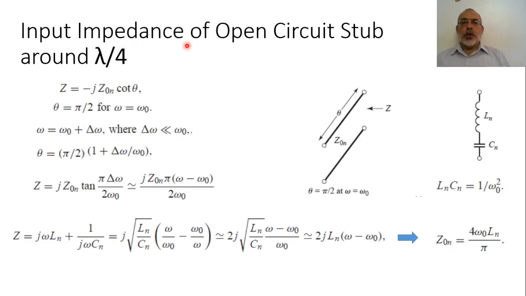What will be the input impedance of an open circuit stub around lambda over 4, around the cutoff frequency, not exactly at the cutoff frequency? As we said, the input impedance of an open circuit stub is minus jZ naught n cotan theta. When theta equals pi over 2 at omega equals omega naught, the input impedance would be 0.